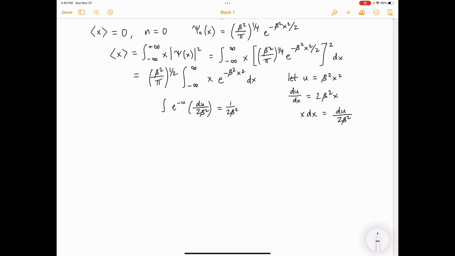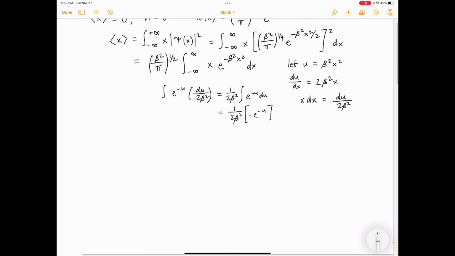It's 1 over 2 beta squared times the integral of e to the minus u du. So that's actually a very simple integral to do. It just works out to, so I'll write the constant out front, 1 over 2 beta squared. e to the minus u becomes minus e to the minus u when you integrate it.